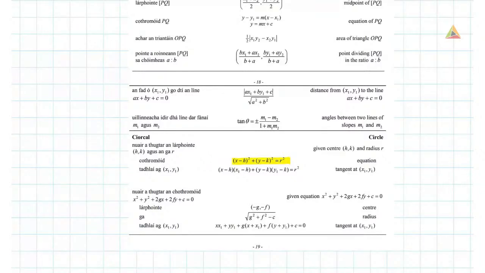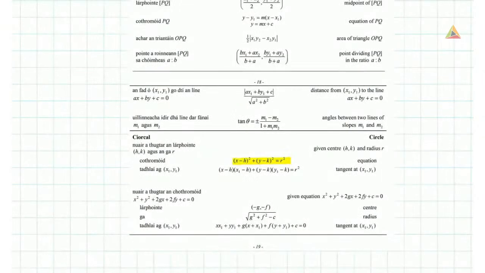The first one that I've highlighted there is the first formula for the circle that we're looking at, the equation of a circle. As you can see, it gives you all the information. The center is (h, k) and the radius is r. If you multiply out the brackets in that equation, you will end up with an equation something like this down here.